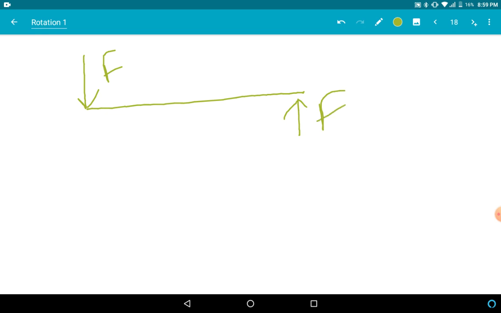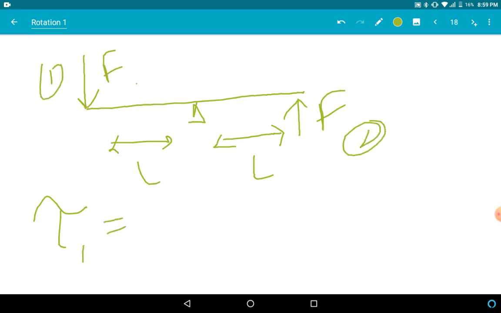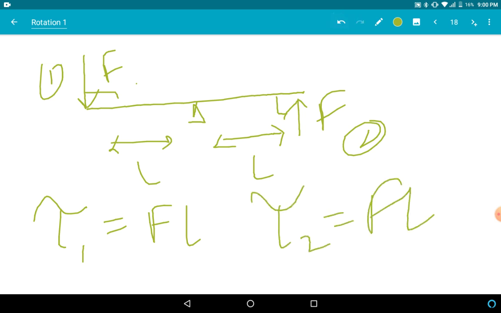Let's say the pivot is at the middle, so this distance will be L and this distance will be L. So the moment of this, tau of 1 is nothing but FL. This is perpendicular. Tau of 2 is nothing but FL again.